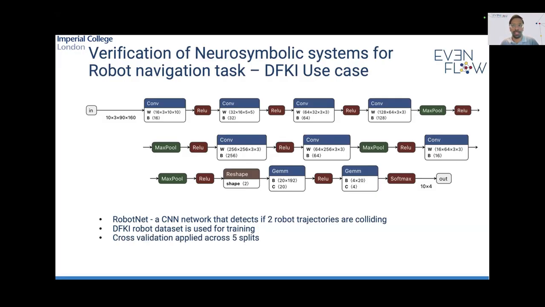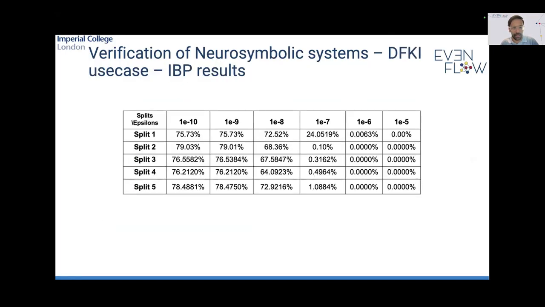Since we have a limited dataset that we have collated, we use cross-validation in order to improve the model accuracy. These are the verification results across different splits. The epsilon corresponds to the amount of input noise that we add in order to make the example an adversarial example. We add epsilon amount of noise and see how the accuracy drops.